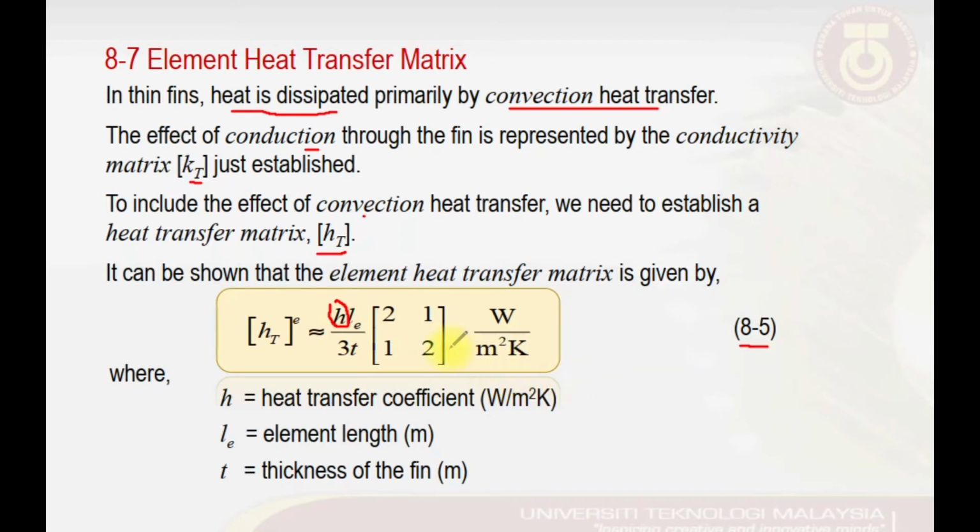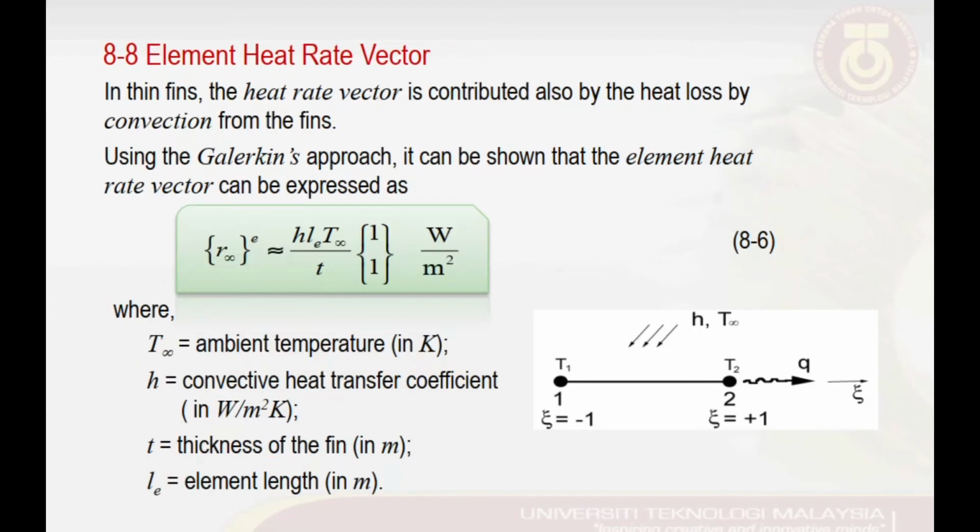Other than that, the geometrical information in terms of the length of the element and also the thickness of the fin are also included in this element heat transfer matrix.